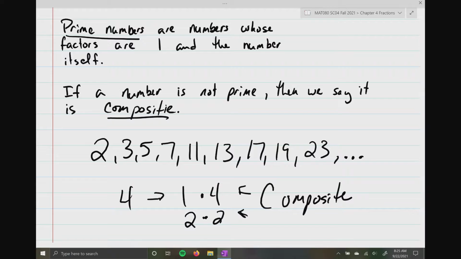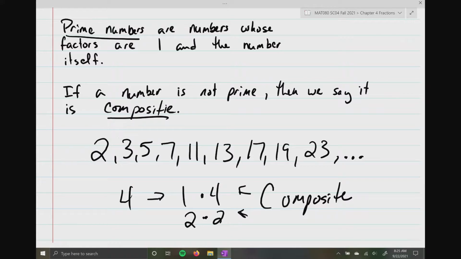Okay. Now, here's what's beautiful about prime numbers, okay? You can take every single number that exists and you can break it down into its prime number factorization.